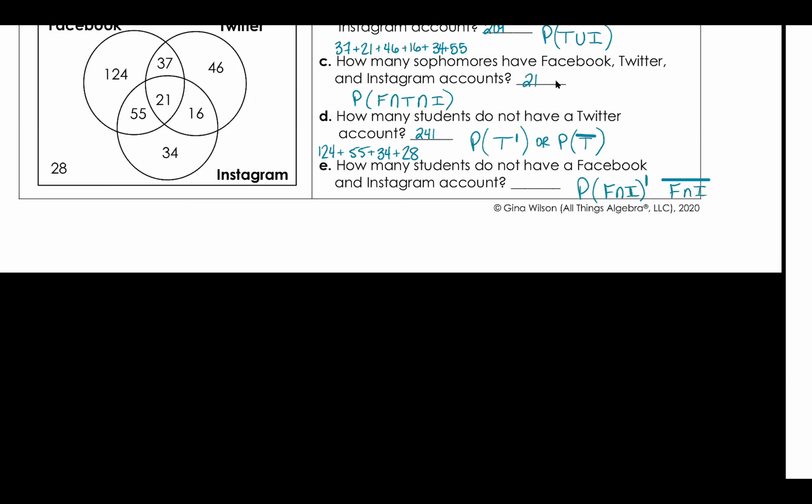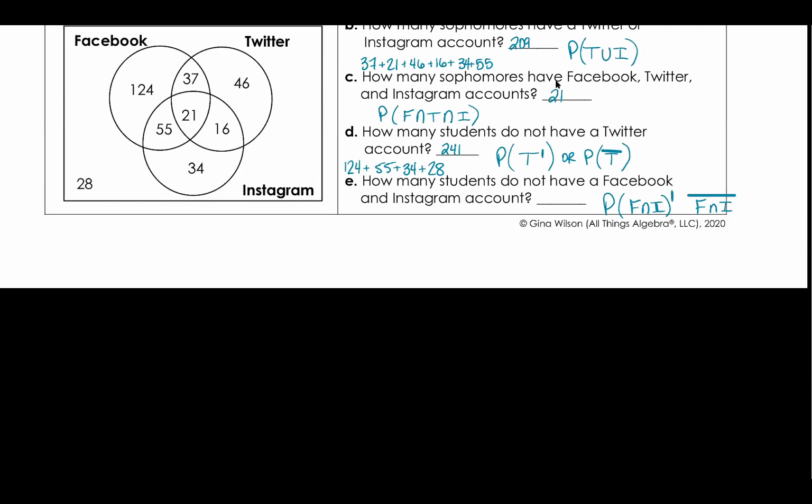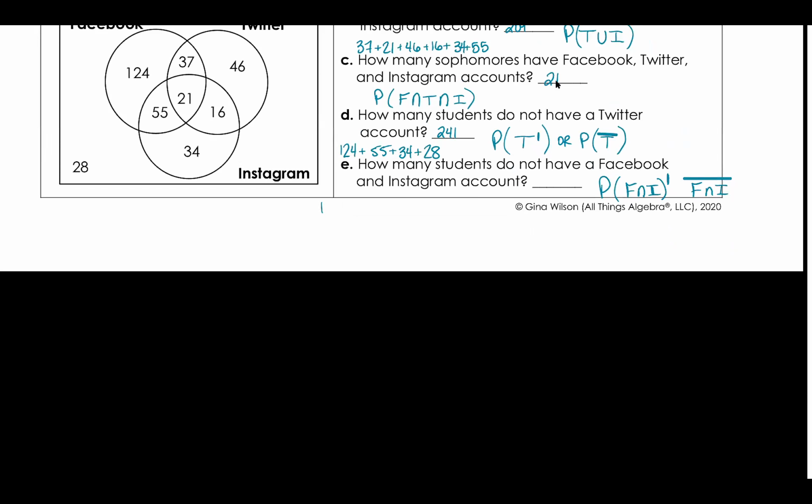So now we've got 124 that only have Facebook, 55 that have Facebook and Instagram, 34 that only have Instagram. Oh, oops, sorry. We need to go back and take that 55 out. My bad. I thought we were going Twitter.